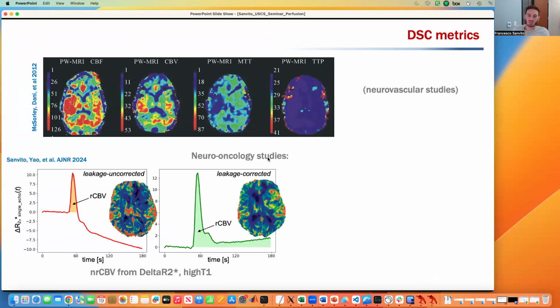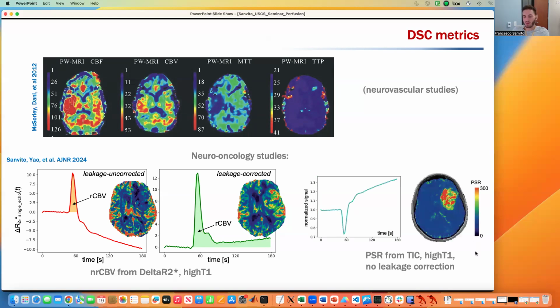But for neuro-oncology studies, for brain tumors, we usually use rCBV leakage corrected, or better, nrCBV leakage corrected. See this case also where there's a lot of T1 leakage. If you calculate rCBV straight out of delta R2* with no leakage correction and no AIF, you get this falsely reduced CBV, whereas after leakage correction, you see how there's a lot of actual CBV elevation within this lesion.